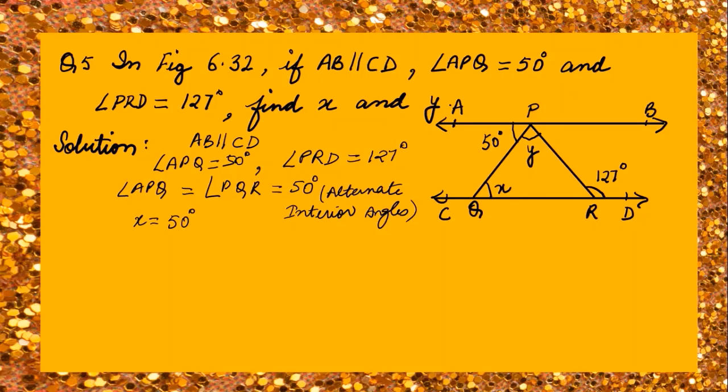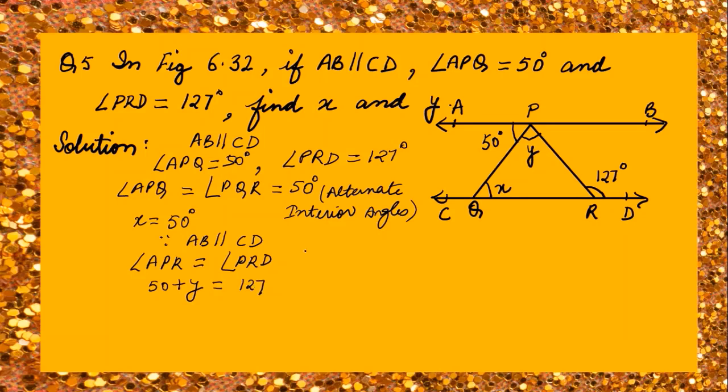Now you can say similarly, since AB is parallel to CD, angle APR equals angle PRD. Okay, so that means angle APR is 50 plus Y equals angle PRD, which is your 127 degrees.